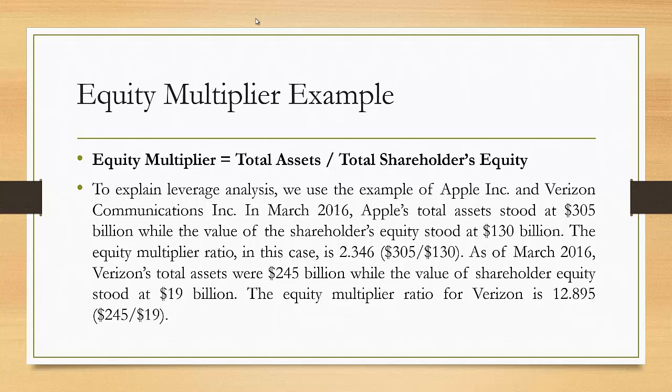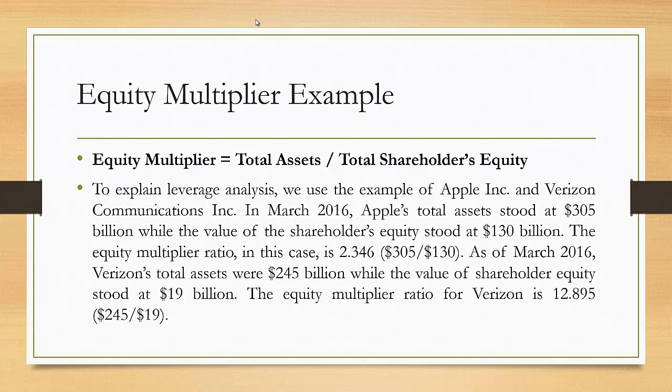Let's assume that we are comparing two companies. One is Apple Incorporated and the other is Verizon Communications Incorporated. In March 2016, Apple's total assets stood at $305 billion, while the value of the shareholders' equity stood at $130 billion. The equity multiplier ratio in this case is 2.345, by simply dividing the total assets by total shareholders' equity.